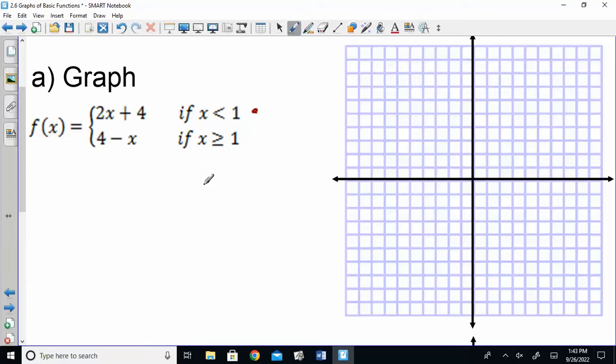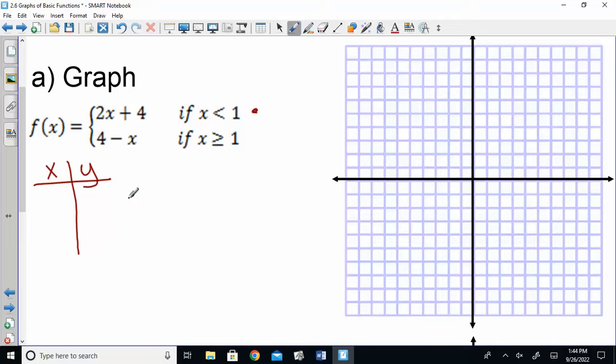So for instance, if I want to look at this piece, so we make our t-chart, and I like to write it out for these piecewise functions just because we can get into functions that have 3 or 4 pieces. They don't have to be linear. We might have one piece that's a line, one piece that's a parabola, so we need a little more.